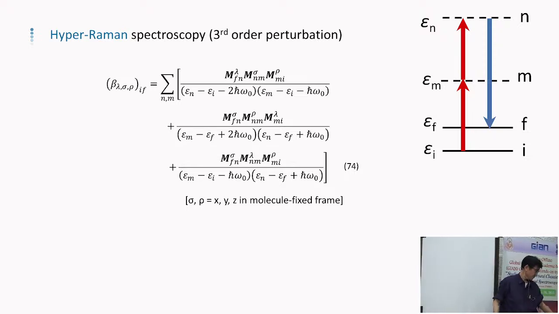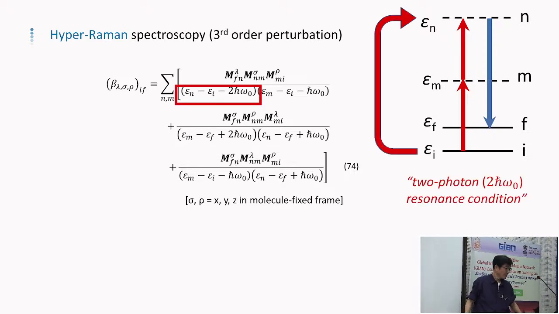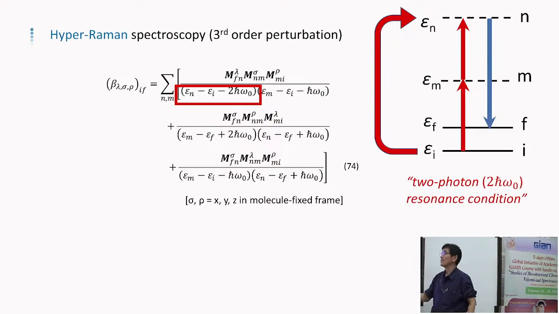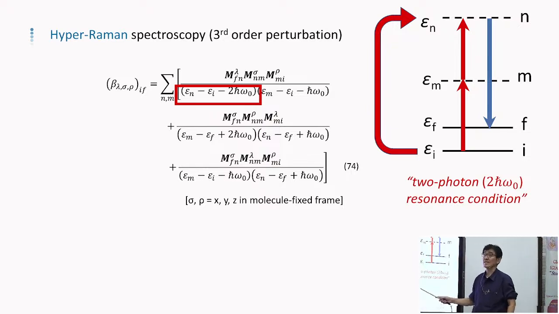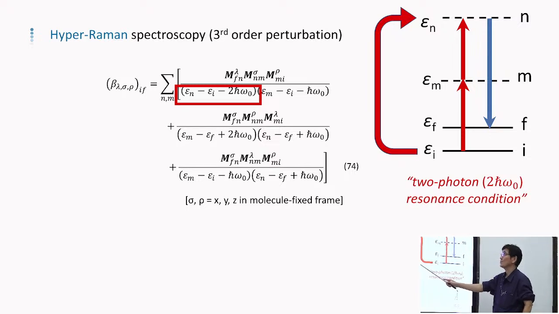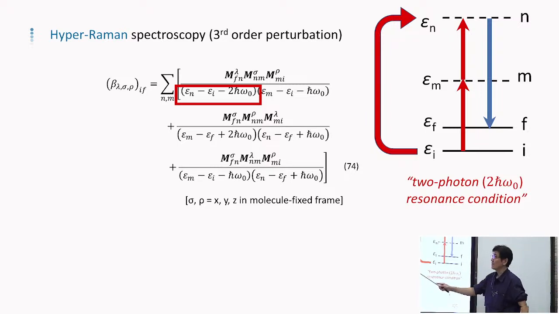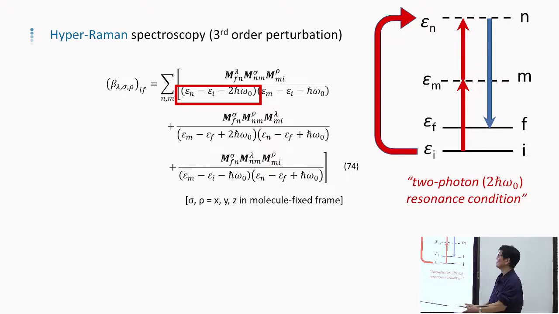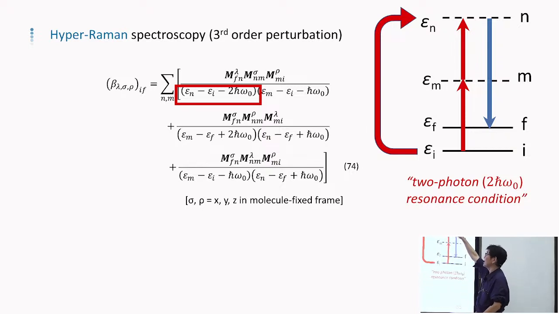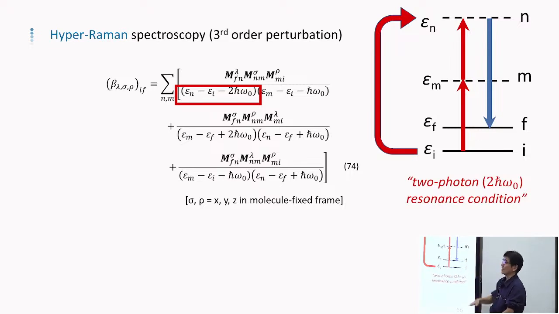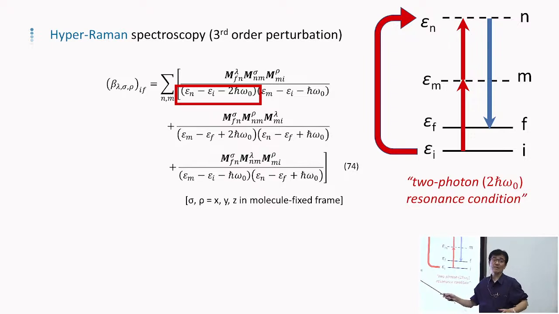Okay, again, sigma rho is xyz in the molecular fixed frame. And the resonance condition is a little bit different from Raman scattering because it consists of two terms. When twice the excitation energy matches with the energy spacing between I and N, initial and end state, two-photon resonance reaches the real state.